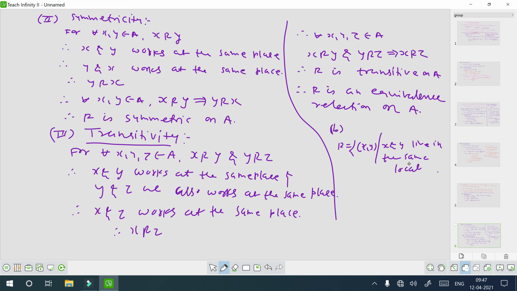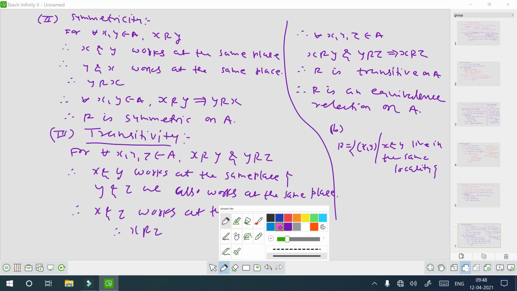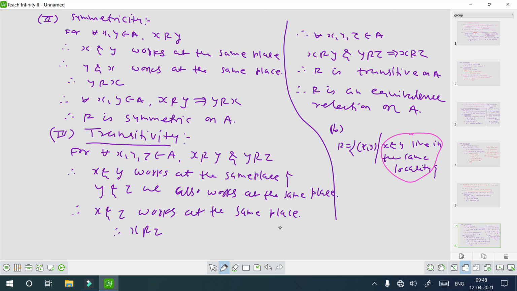See, it is the same as the previous one. X and Y work at the same place, or X and Y live in the same society. So only the wording is different. In the previous example, we used X and Y work at the same place. So I am leaving this one for homework. Clear?